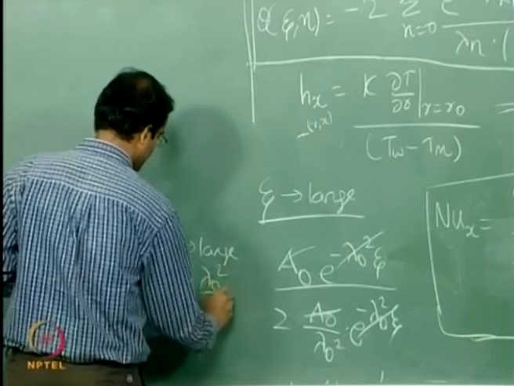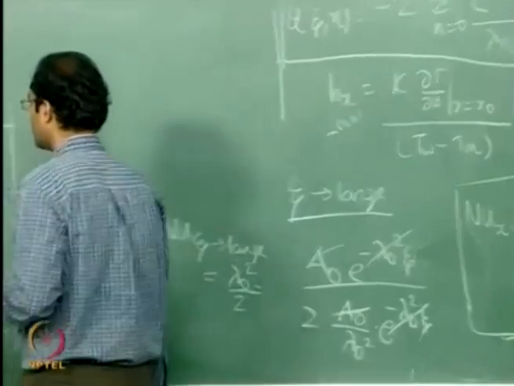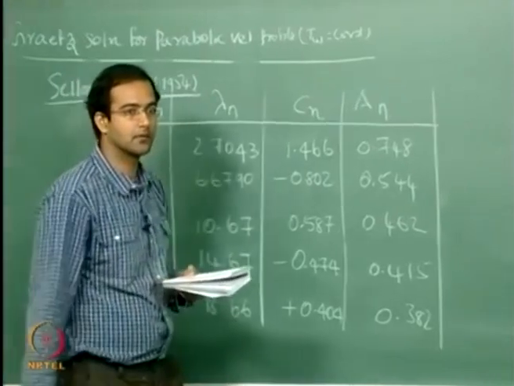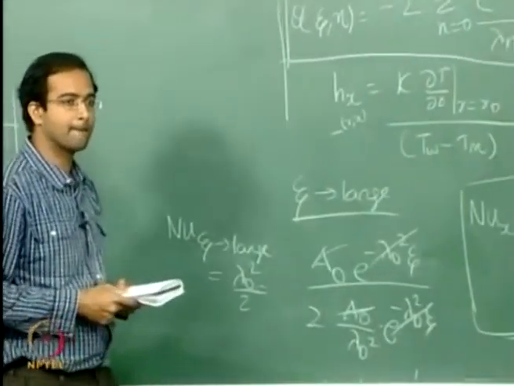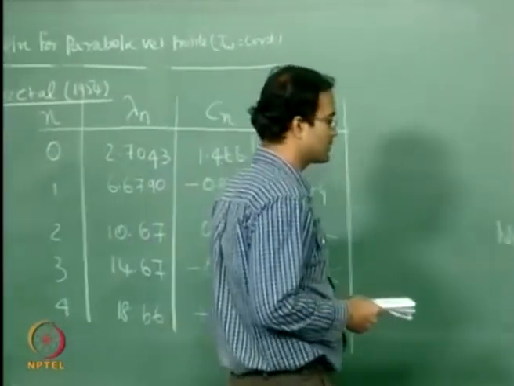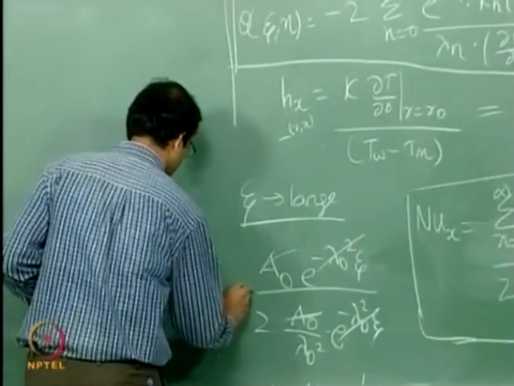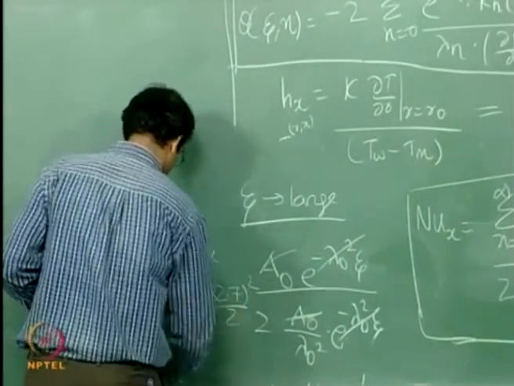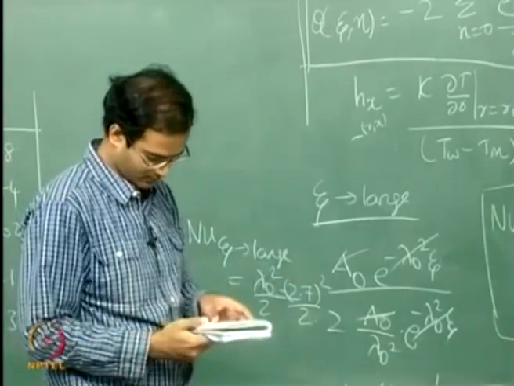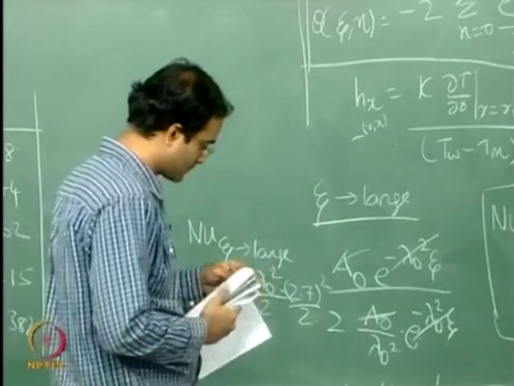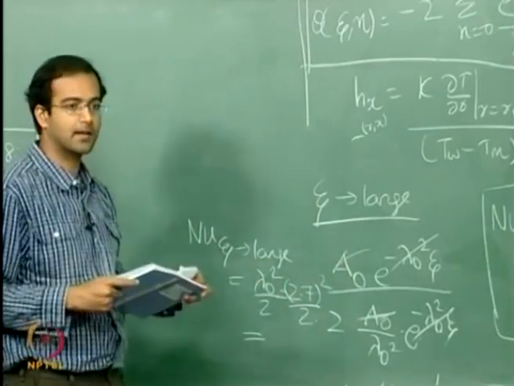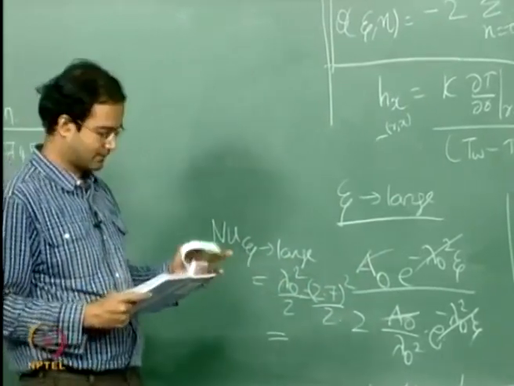So if you substitute the value of lambda 0 corresponding to n equal to 0, what will be the value of Nu? That is basically 2.7 the whole square divided by 2. Anyone who has a calculator can quickly check that.